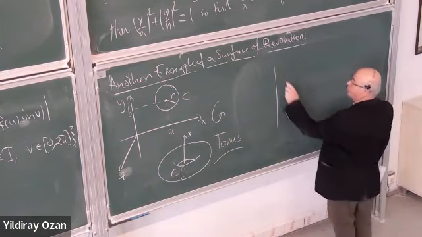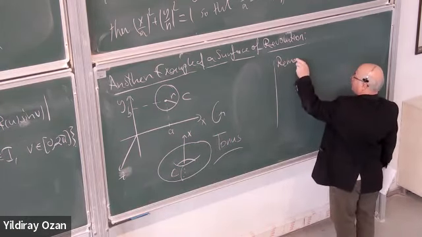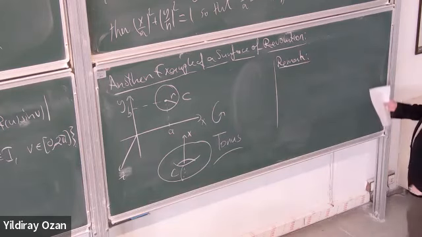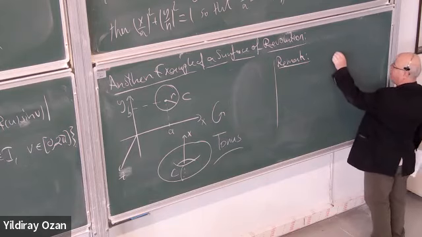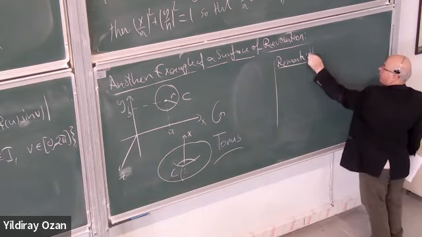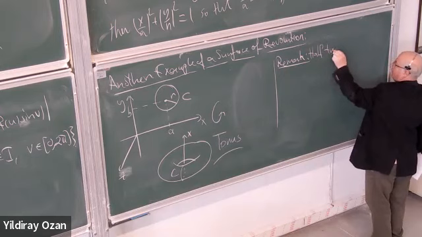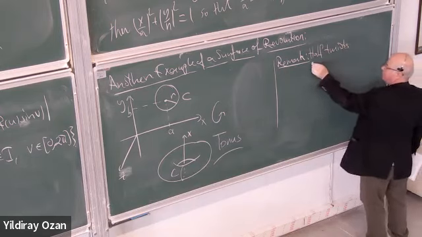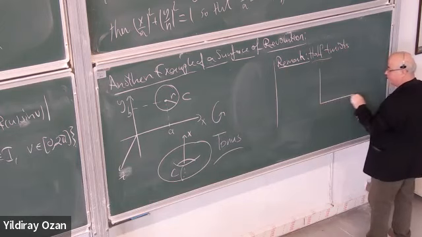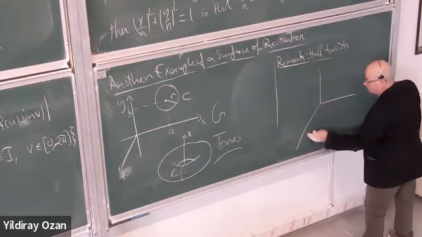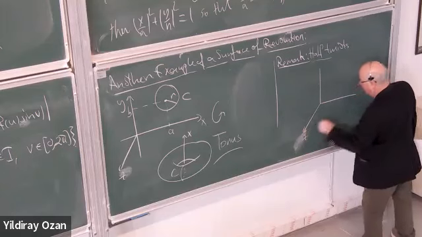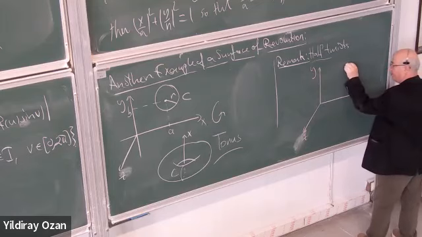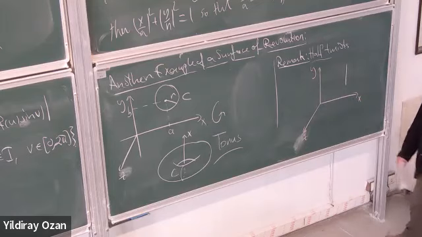If you do half twist, you may get non-orientable surfaces. You know, consider this. Half twists. Take a line segment like this.